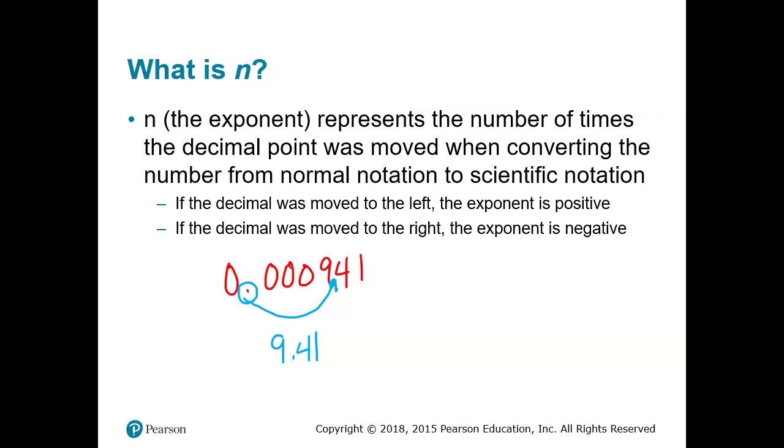What is my exponential portion? Well, I know it's 9.41 times 10 to the something. The question is, how do I get to 9.41 from here? Well, I have to move this decimal place 1, 2, 3, 4 times.